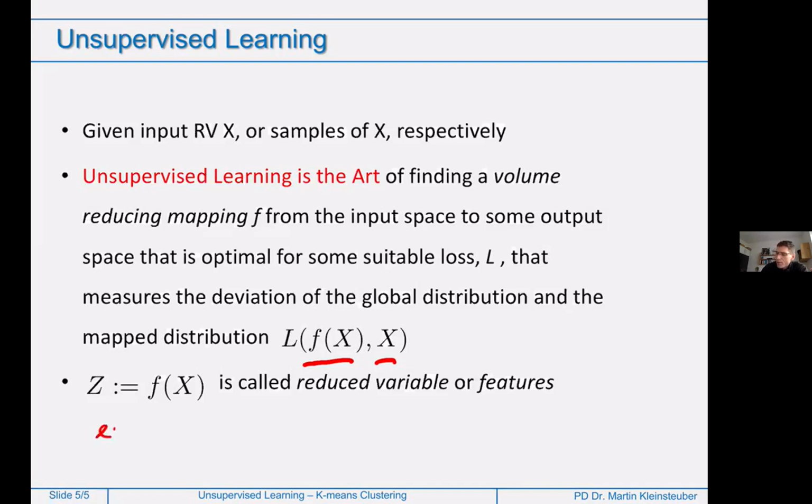So, example: images are mapped to features. And these features can be very abstract.